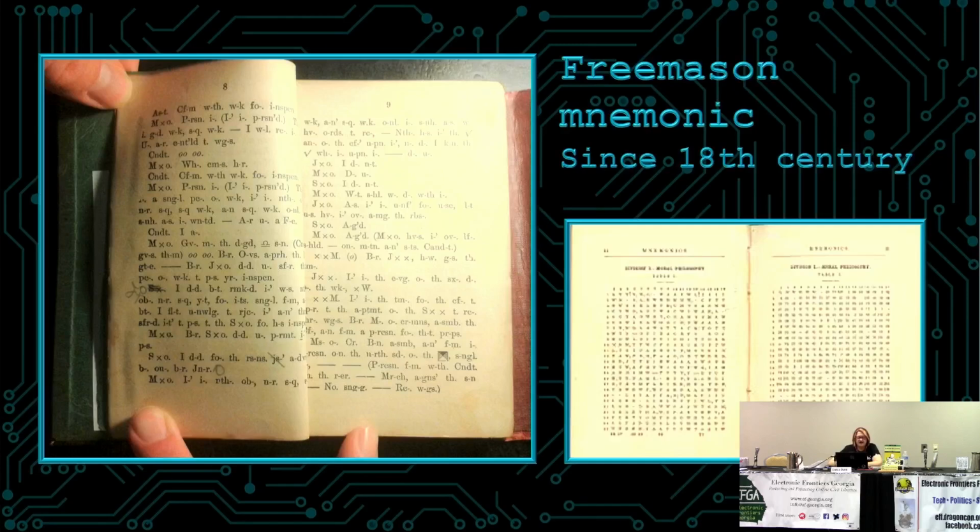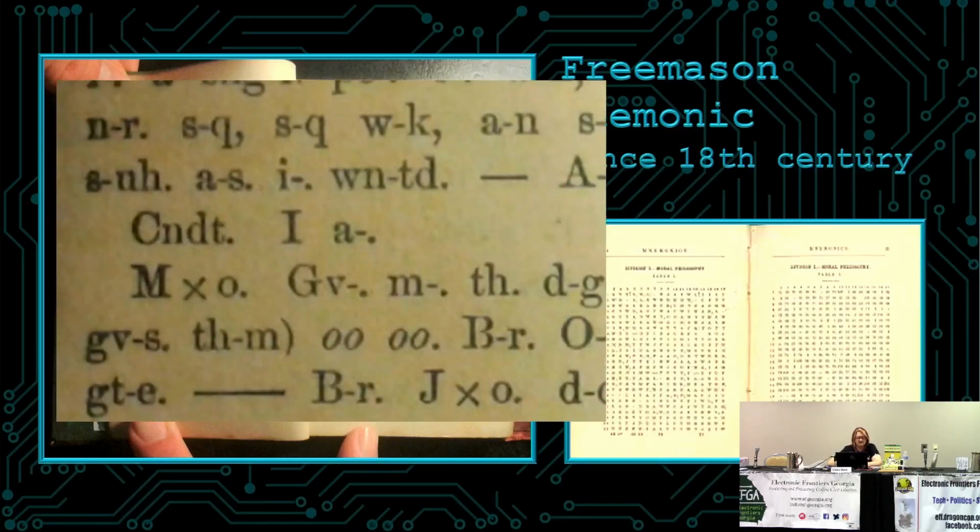This is what we call an abbreviation cipher. The Freemasons used this as well. To the Freemasons, it was important that they did not write down what their secret rituals were, but they could be very complicated. So how to help someone to remember something that you couldn't write down?